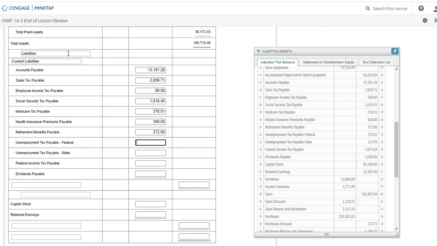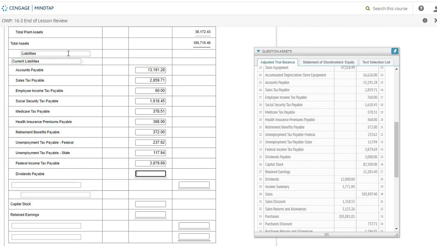Our unemployment tax payable federal is $237.62. Our unemployment state is $117.94. Our federal income tax payable is $3,879 and 69 cents.